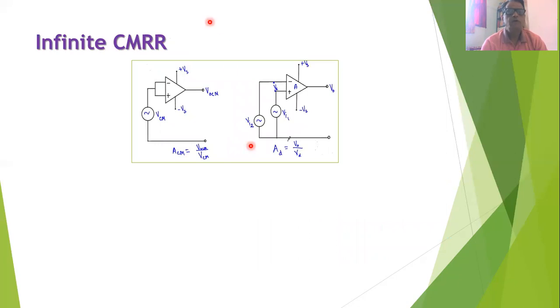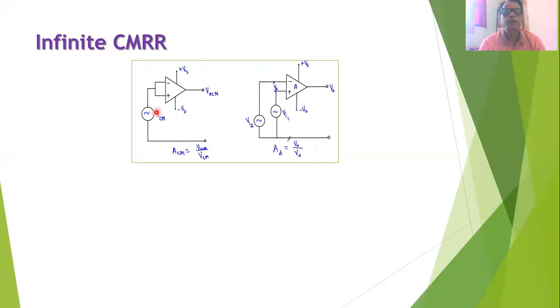Now we will discuss another parameter, which is called the common mode rejection ratio, or CMRR. Ideally, the CMRR of the operational amplifier must be infinite. As shown in this diagram, in order to find the CMRR, we need to determine the common mode gain and the differential mode gain of the operational amplifier.